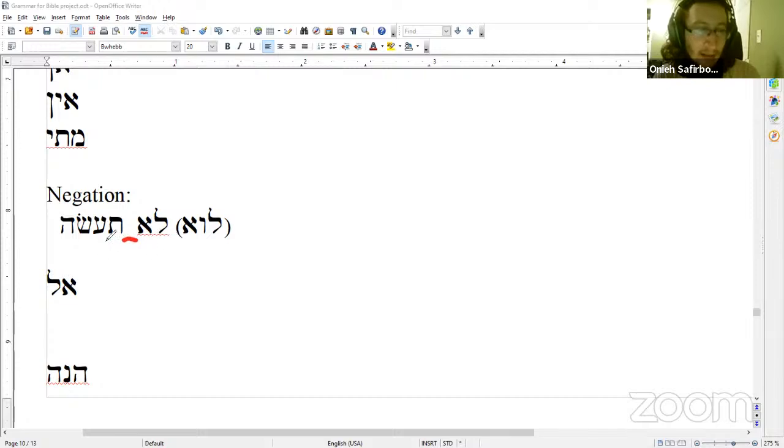Lacha tusha. Lacha tusha. Because there is an extra syllable there, the Dead Sea Scroll people wrote it out as "laha tusha."